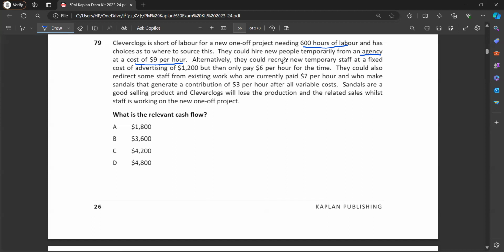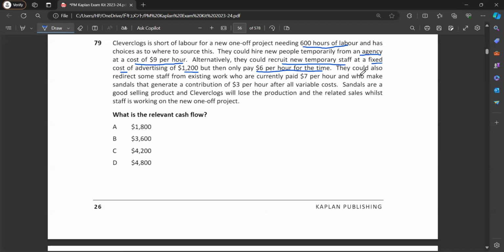Second alternative, they could recruit new temporary staff for which they will have to pay a fixed cost of advertising of 1,200 and then pay only $6 per hour for the time. So the second alternative will involve a fixed cost of 1,200 plus a variable cost of $6 into 600.